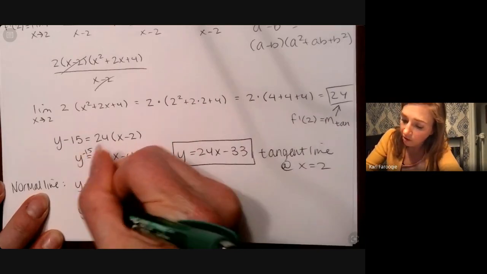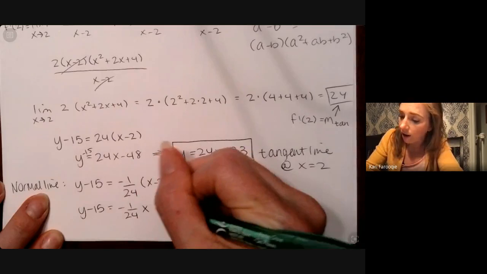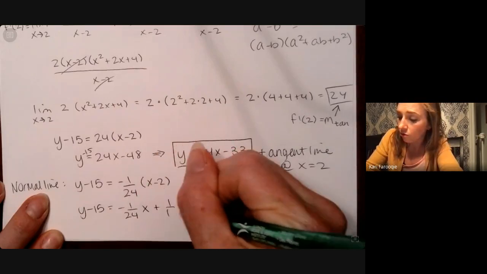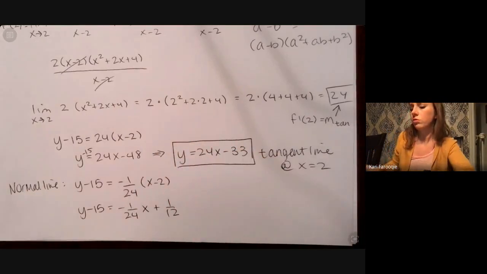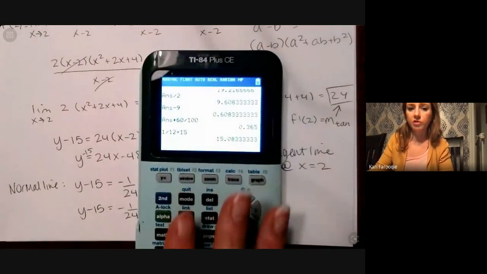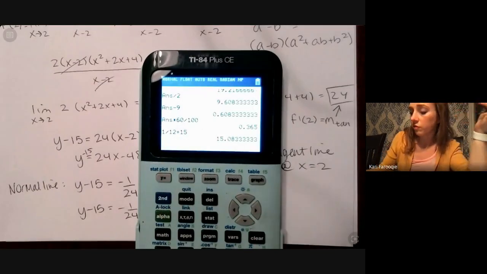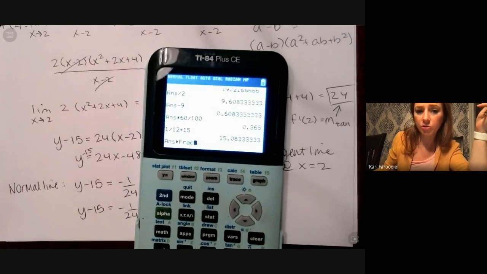And then we have y minus 15 equals -1/24 x plus 2/24, which simplifies to 1/12, and I'm going to add 15. So 1/12 plus 15. Oh, by the way, for those of you who are not so savvy with your calculators, when I entered 1/12 plus 15, it gives me a decimal, but if you hit this math button and hit enter twice, it'll switch that into a fraction for you.